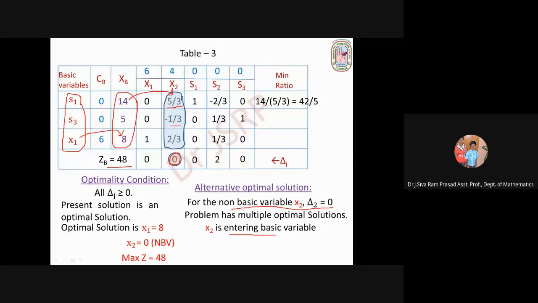We need not consider it; we skip it. Next, the third entry is positive. For this, we consider the ratio with the solution. This is 8 divided by 2/3, so 24/2, 12. Among these two, 42/5, which is 8 point something, and 12, the minimum is 42/5. The corresponding variable is S1. So S1 is the leaving basic variable.